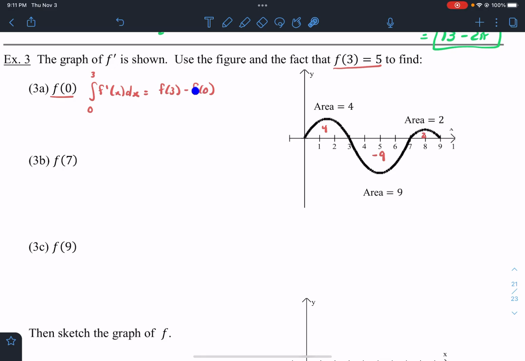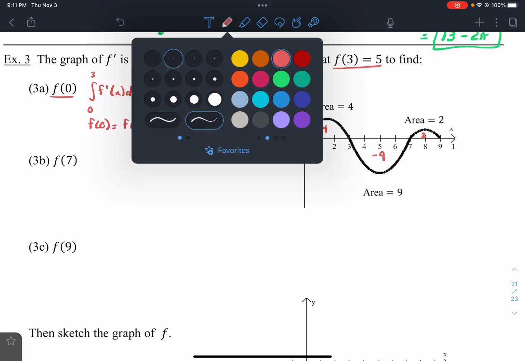So what we're going to do is add this to the left, and then we're actually going to subtract that over. So we're going to end up with f of 0 equals f of 3 minus the integral. That's just an algebraic manipulation is all that is. So again, I'm going to use a slightly different color so you can see it.